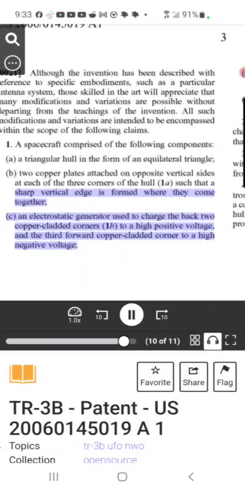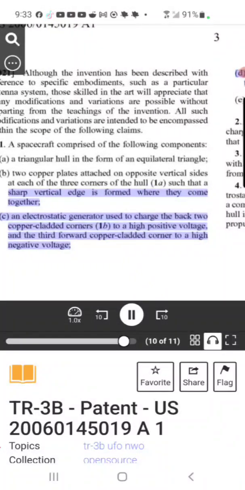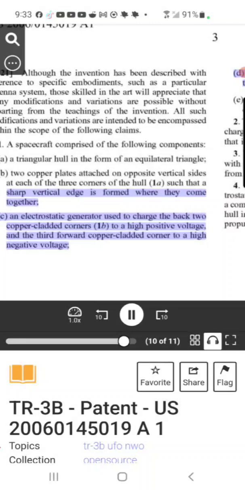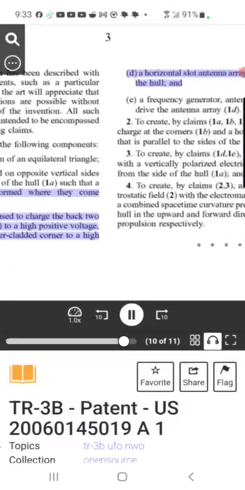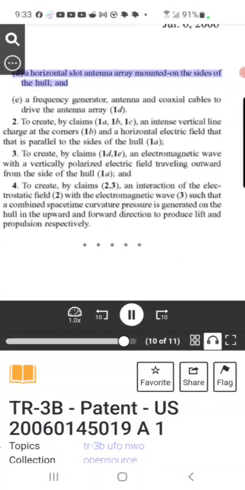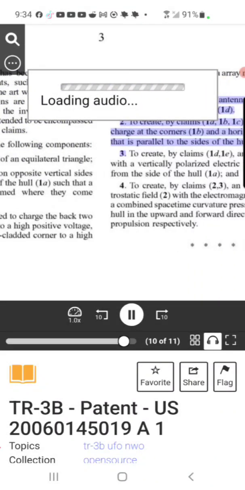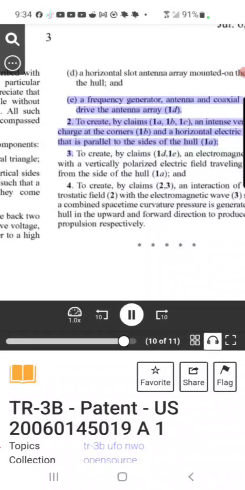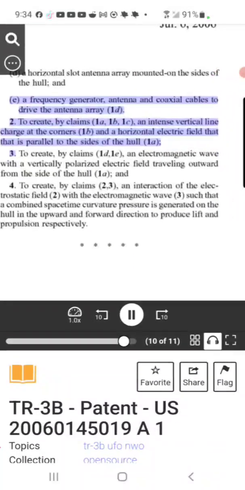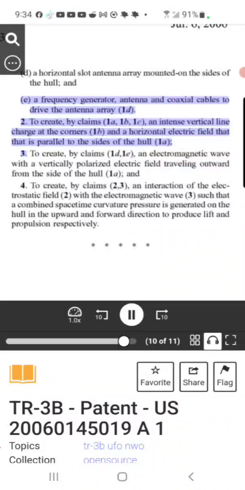C. An electrostatic generator used to charge the back two copper-cladded corners to a high positive voltage, and the third forward copper-cladded corner to a high negative voltage. D. A horizontal slot antenna array mounted on the sides of the hull. And E. A frequency generator, antenna and coaxial cables to drive the antenna array.